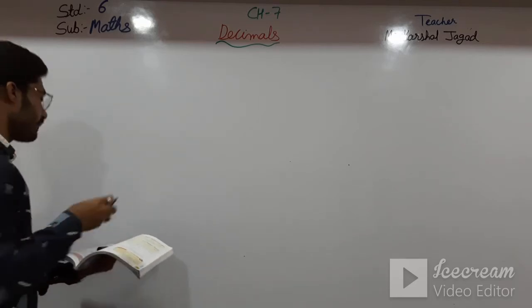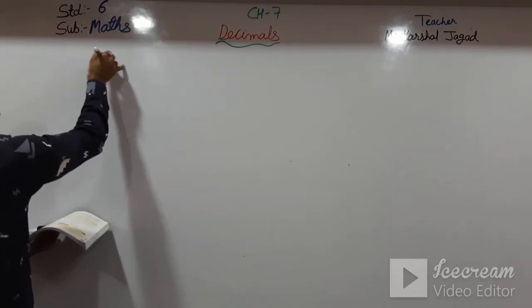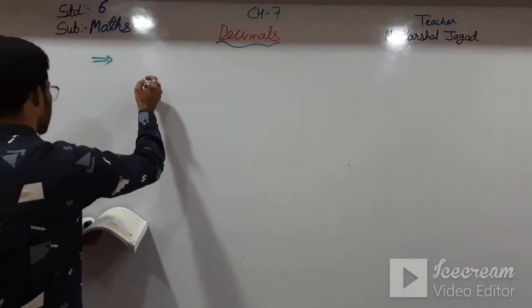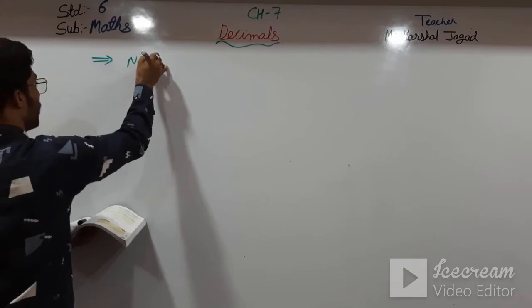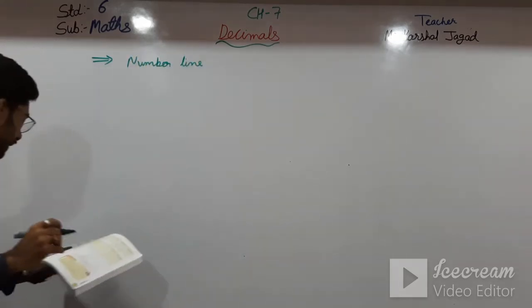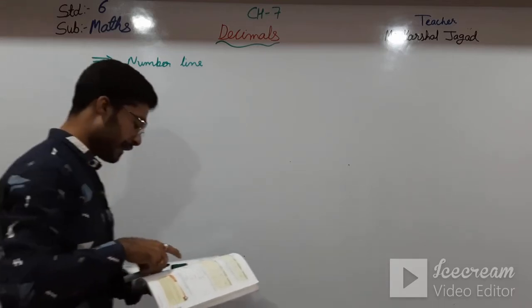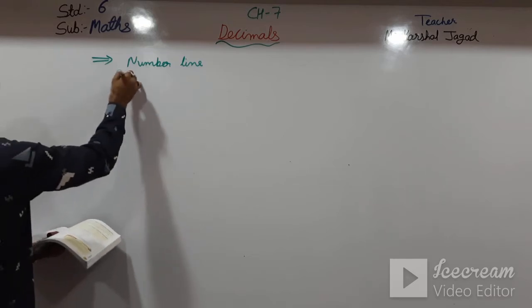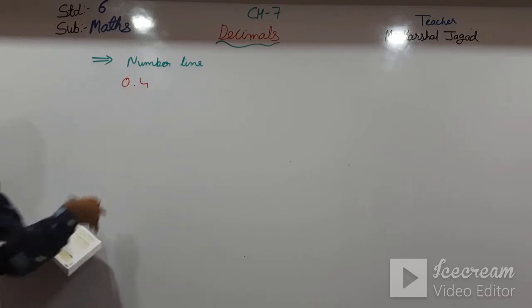Representation of decimals on number line. Okay. So here they have given an example of 0.4.